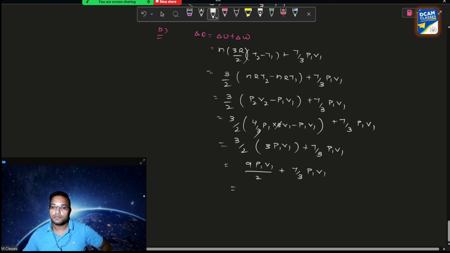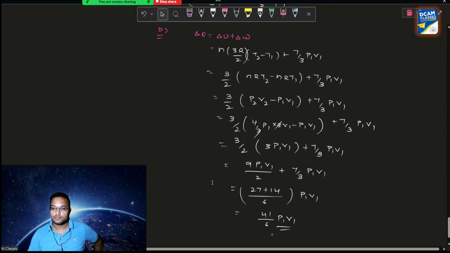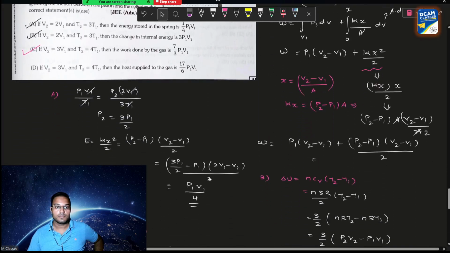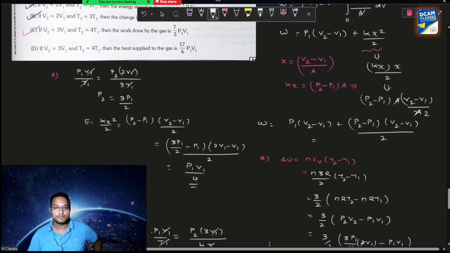So it will become 41 by 6 P1 V1. So option D is wrong.